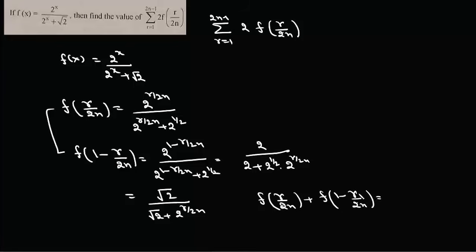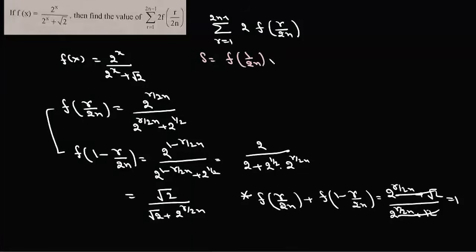It will be equal to, and the numerator will have 2 to the power r by 2n plus root 2, and in the denominator also we will have 2 to the power r by 2n plus root 2. So this value is equal to 1. So we have established this relation that f(r by 2n) plus f(1 minus r by 2n) must be equal to 1.